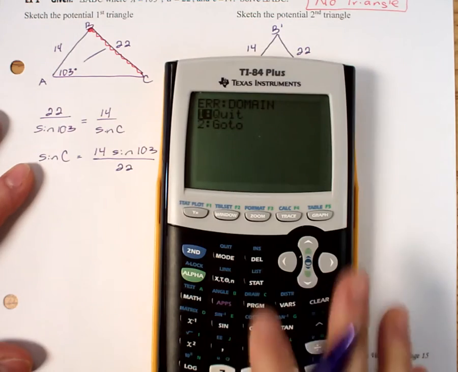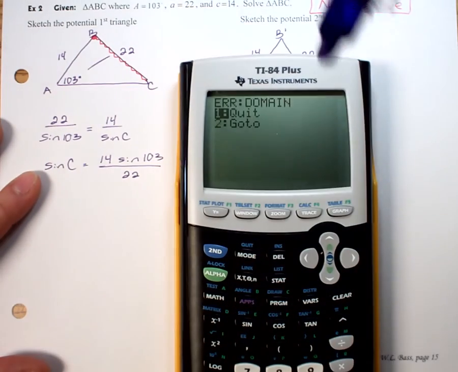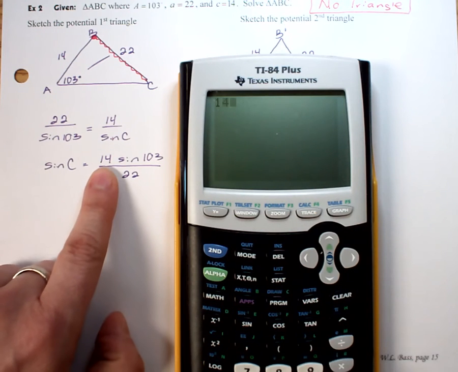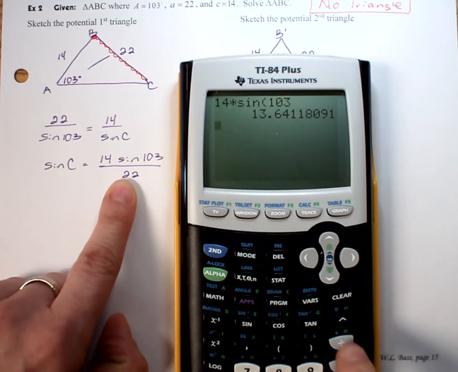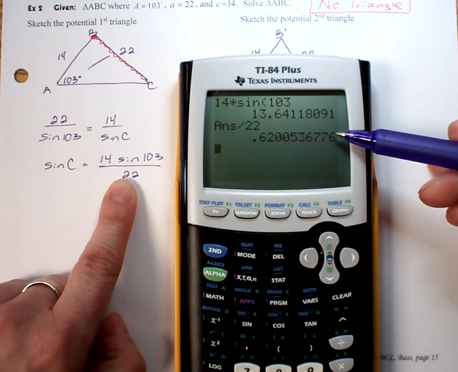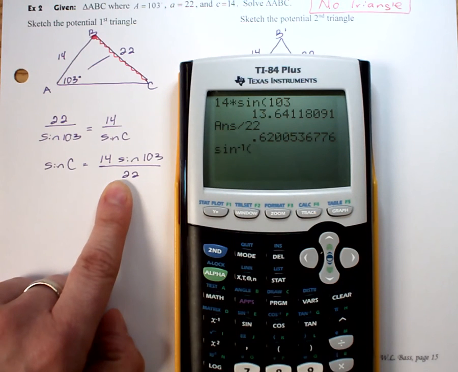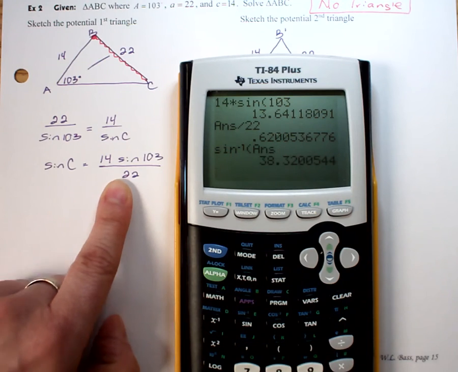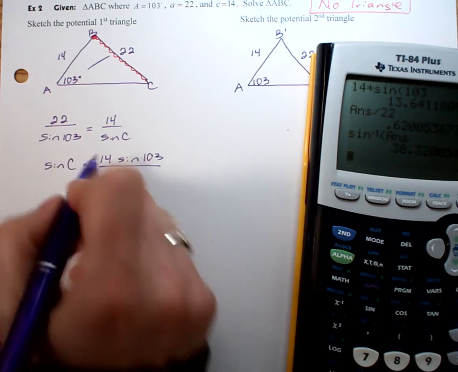When I type this in my calculator, I get a nice number that's less than 1, so I'm happy. Then I take the inverse sine of that because I'm looking for the angle. And sure enough, I get that angle C is 38 degrees.